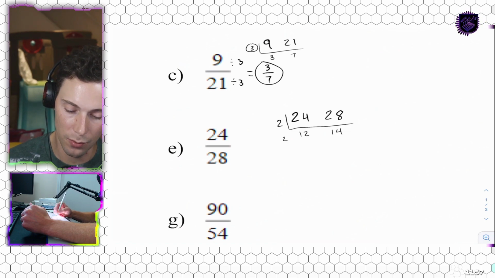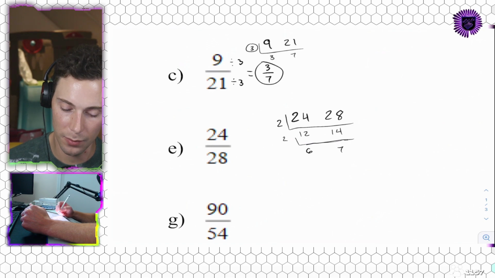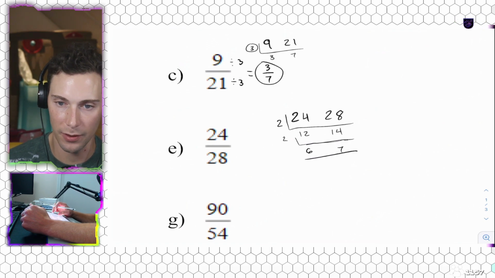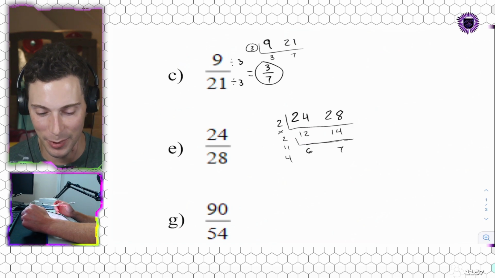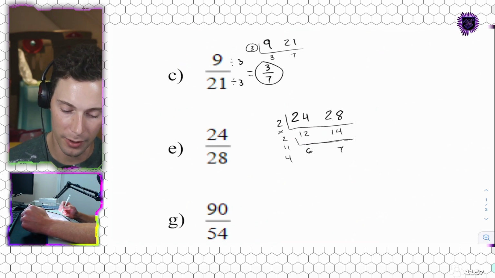Still another 2. Make my line better. 6 and 7. So 6 and 7 now don't have a common factor. So our GCF is going to be 2 times 2, which will be equal to 4. Our GCF is going to be 4.